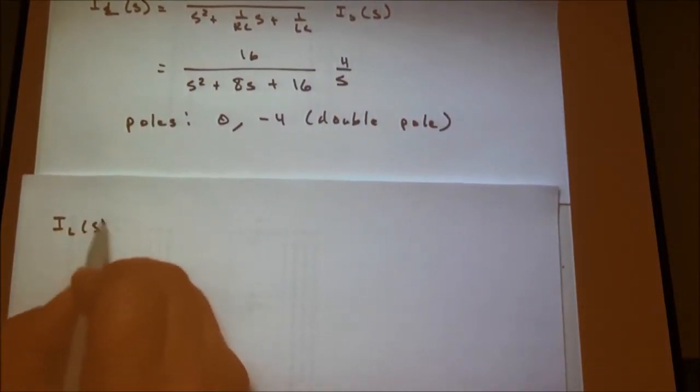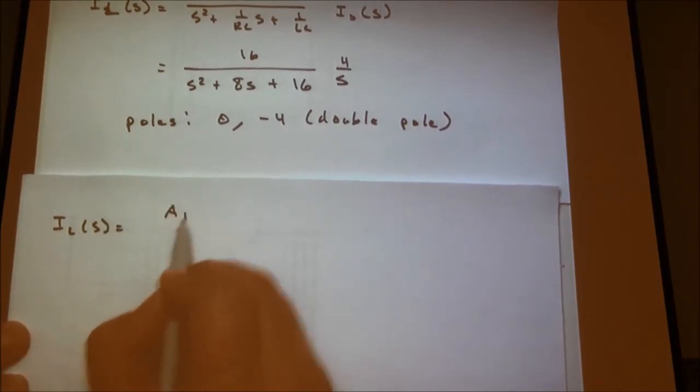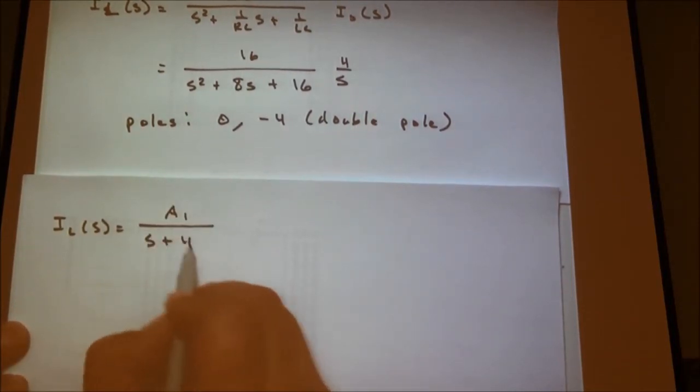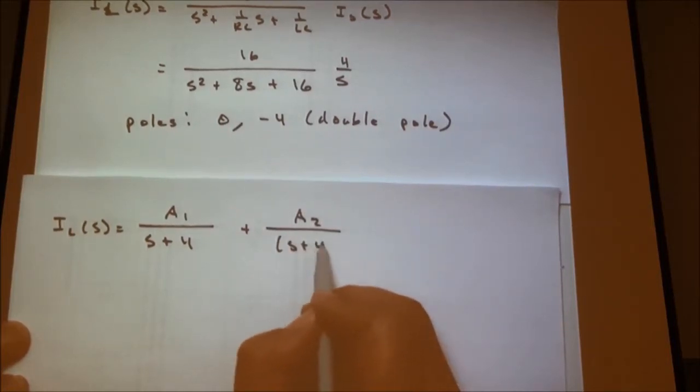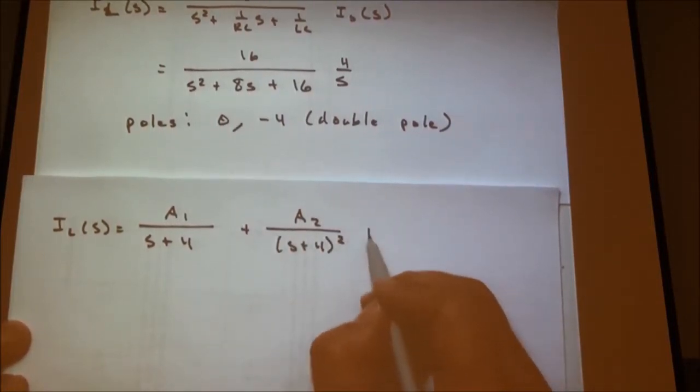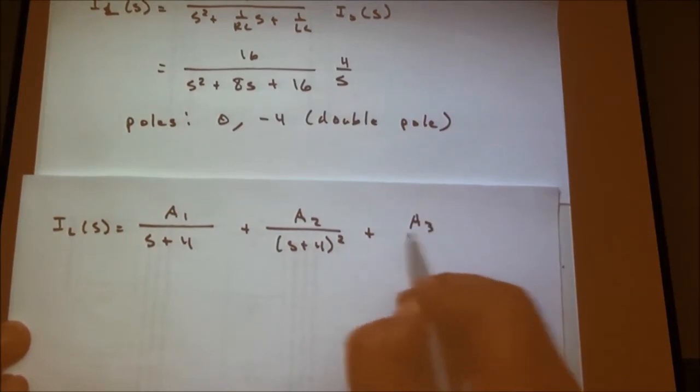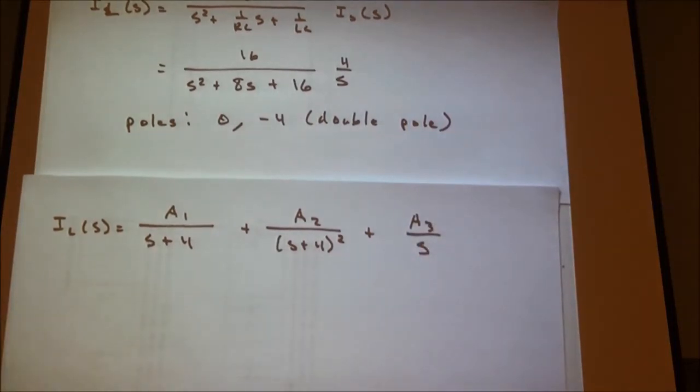And so what do we wind up with? Well, IL of S equals A1 over S plus 4 plus A2 over S plus 4 squared, we saw this before break again as well, and A3 over S. And we can do the cover-up rule to find A3.